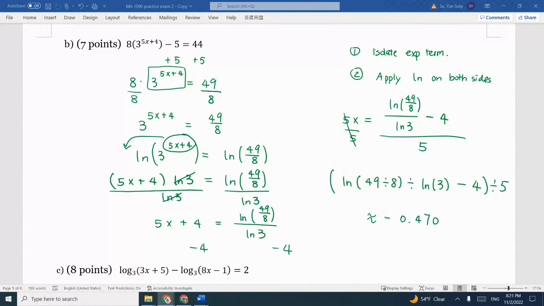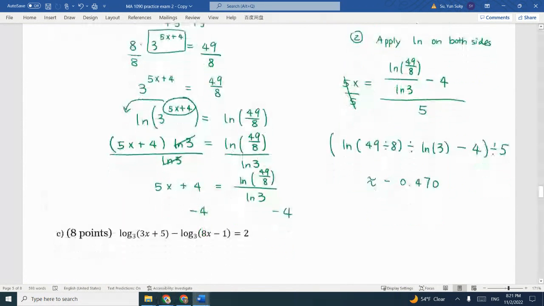If you can understand, could you type 1 in the chat? Thank you. Great. And if you have questions, please feel free to unmute and ask. Good. All right, let's continue.